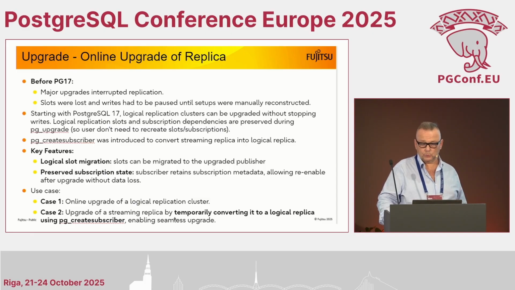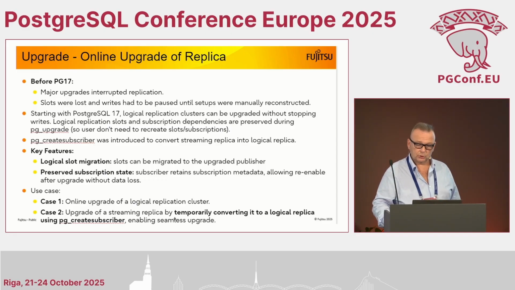This would be done offline with application writes stopped prior. But from PG17, pg_upgrade has been significantly improved for logical replication. It now migrates logical replication slots, which preserves the subscription states during the upgrade and avoids the time associated with manually redefining the logical replication slots.